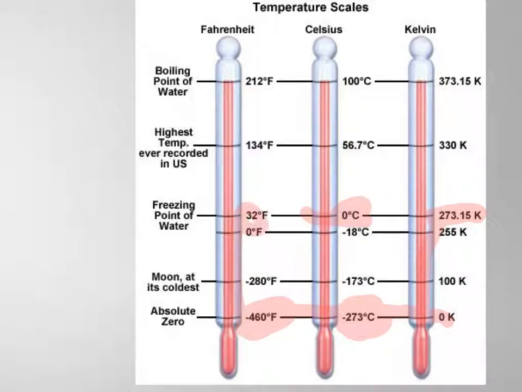But in Fahrenheit, it is not a 273.15 difference. And likewise, if you're going from 18 below 0 in Celsius to 0 degrees Celsius, that is a difference of 18 degrees, but in Fahrenheit, it's a difference of 32 degrees for the same temperatures, the freezing point of water to 0 degrees Fahrenheit.